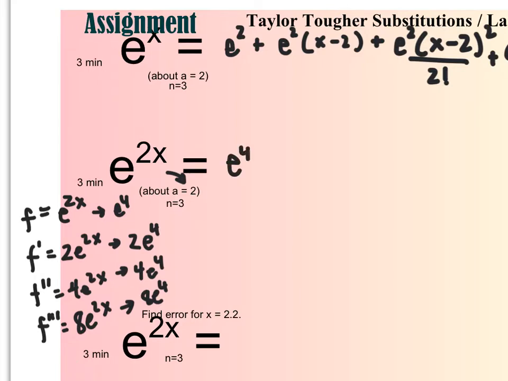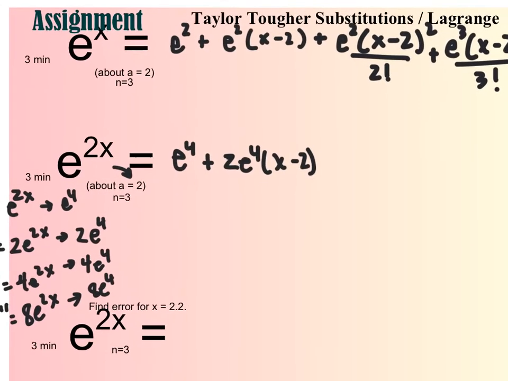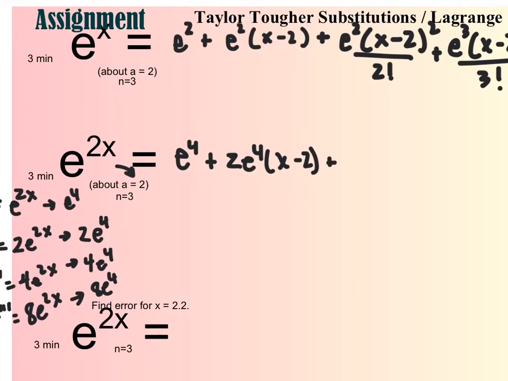So e to the fourth plus 2e to the fourth times x minus 2, plus 4e to the fourth times x minus 2 squared over 2. And if I divide that by 2, I'd just get a 2.